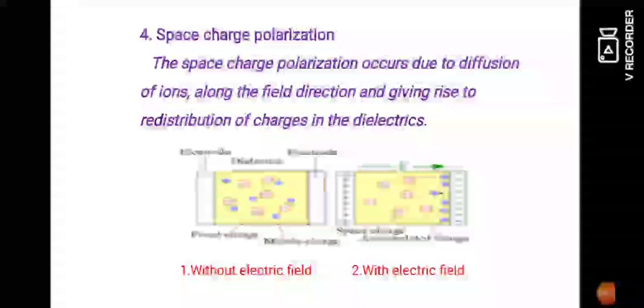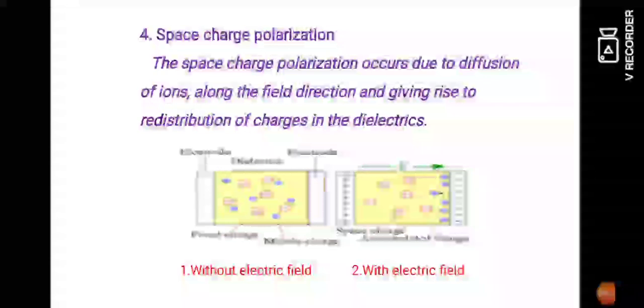But when the external electric field is applied, let us move to the second figure. Now, due to the application of the external electric field, all the positive and negative charges are accumulated with respect to the applied electric field. That means all the positive charges are accumulated, collected or gathered very close to the negative electrode.